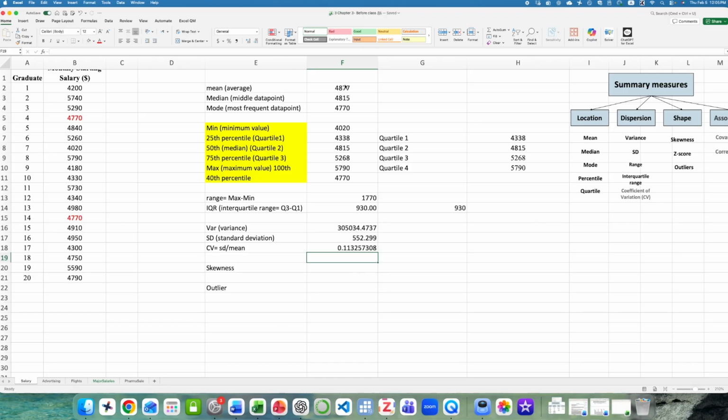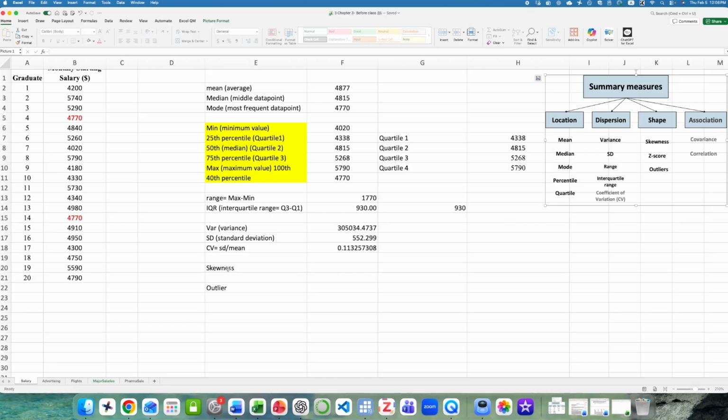A CV of 0.11 means the salaries vary about 11% around the mean. This measure is good for comparing variability across data sets without involving the unit. So this measure is basically unitless. It gives a unitless representation of the data spread around the mean. Next set of measures talks about the shape of the data.